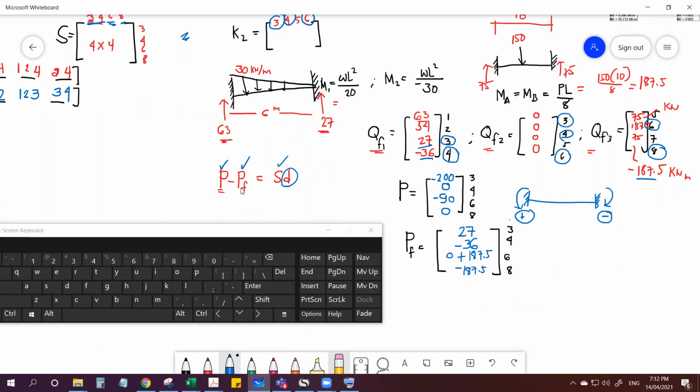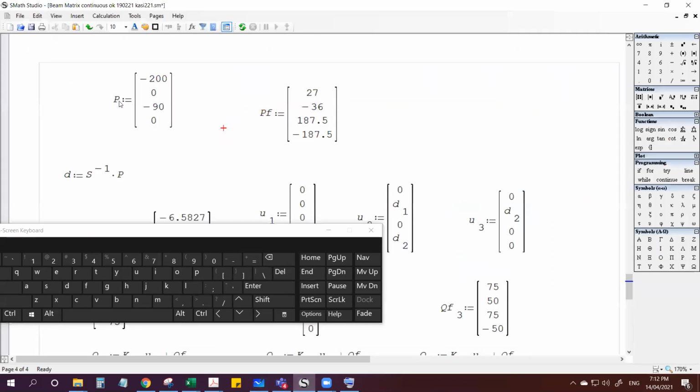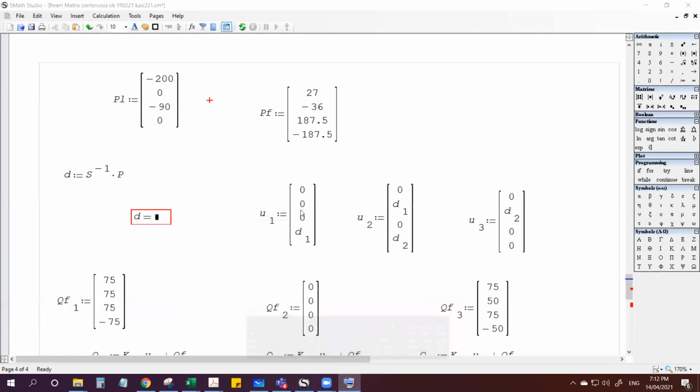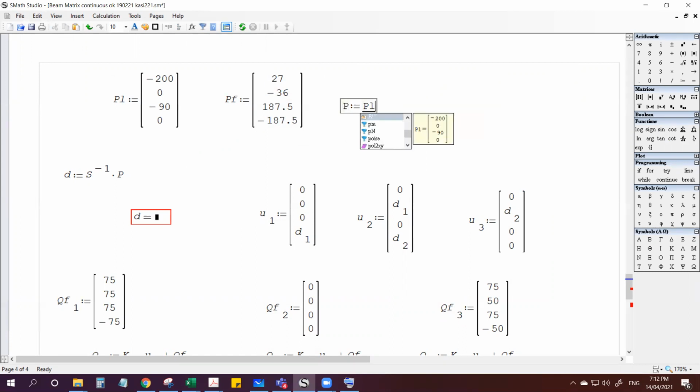Then let's find the P minus PF. Maybe I can reassign this as PL, that means load vector, so that I can reassign the variable P as PL minus PF.